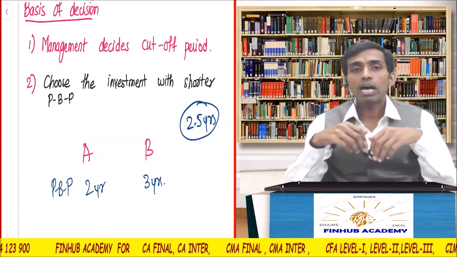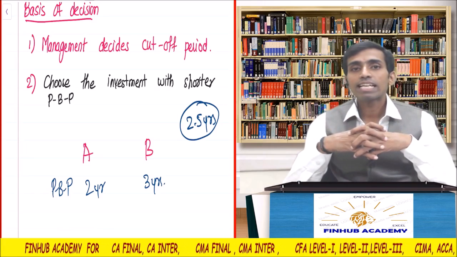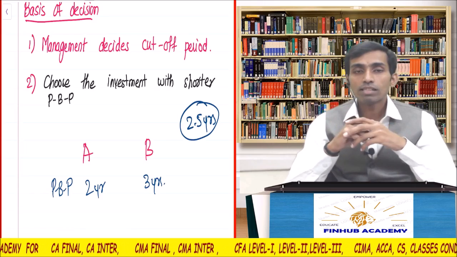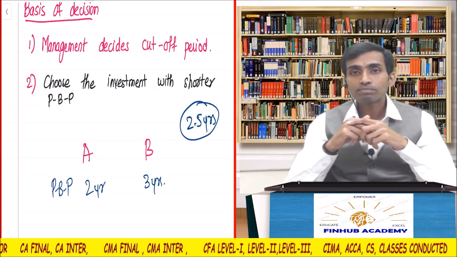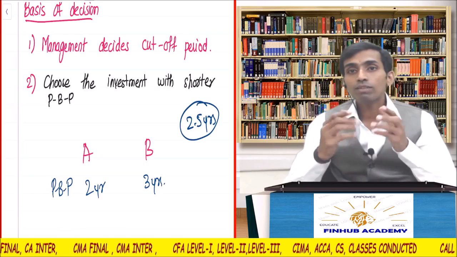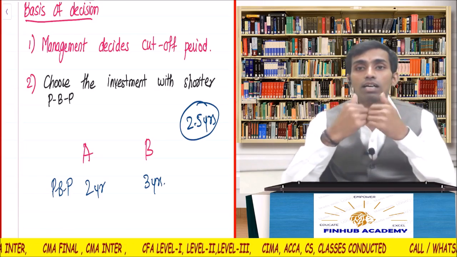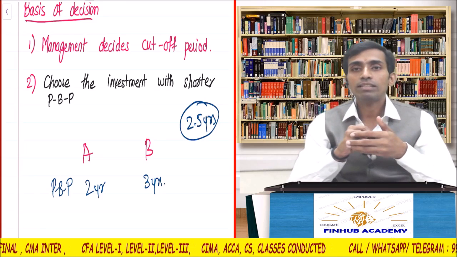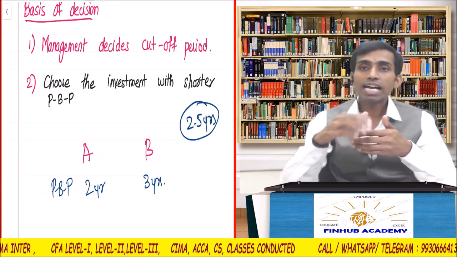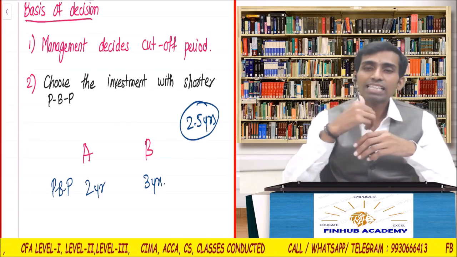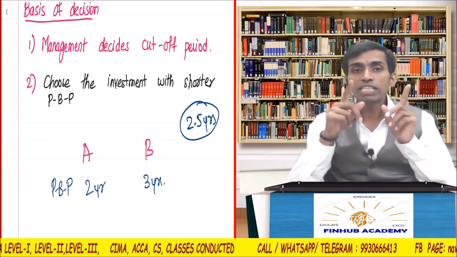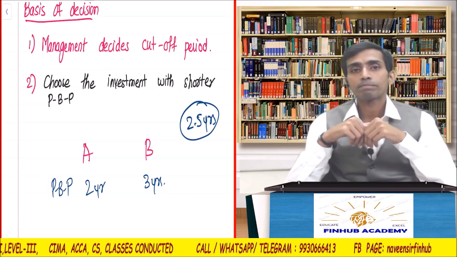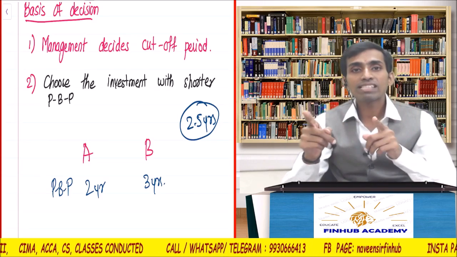I will choose project A rather than B because project A will give me cash back earlier than project B. With that cash flow, I can reinvest it and again get cash flow. So which project is better? A, because payback is faster. Are you understanding the logic behind the second one?